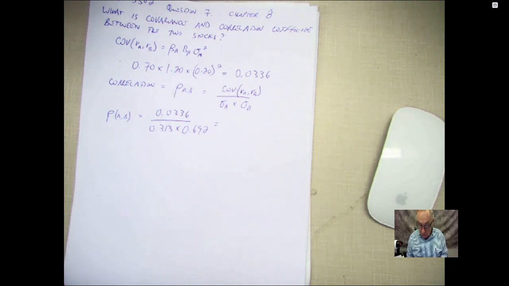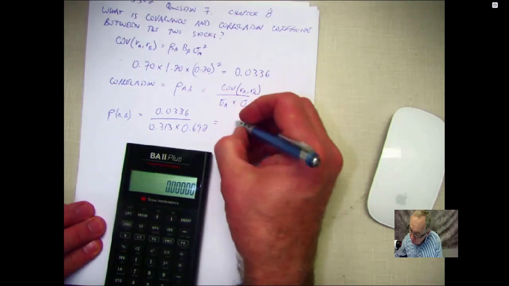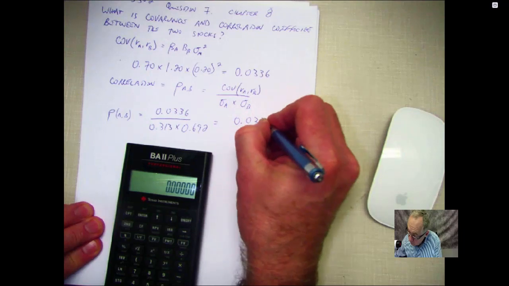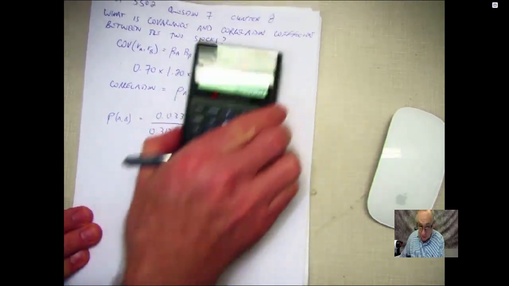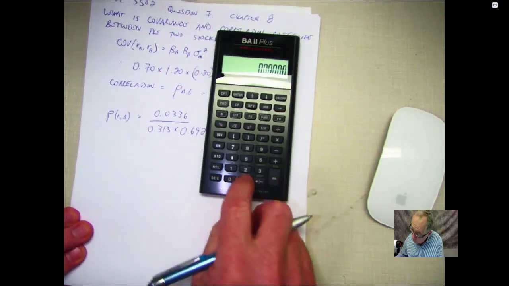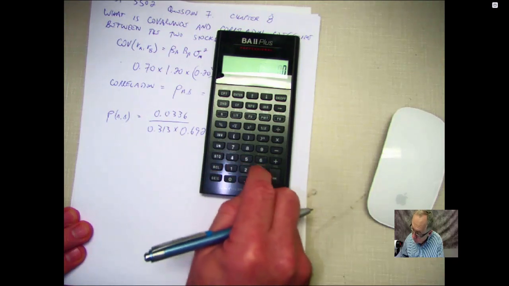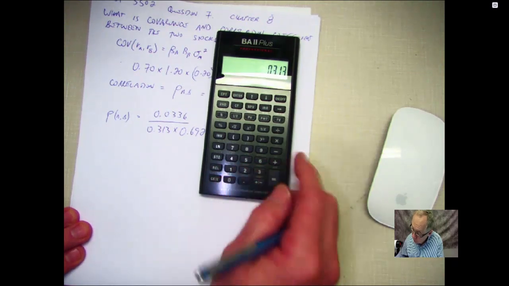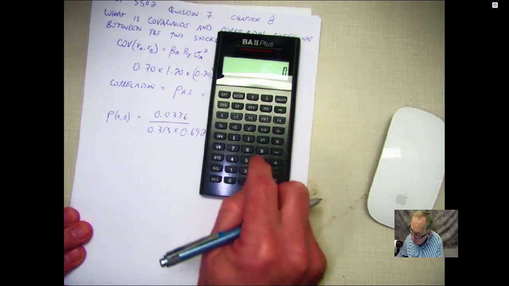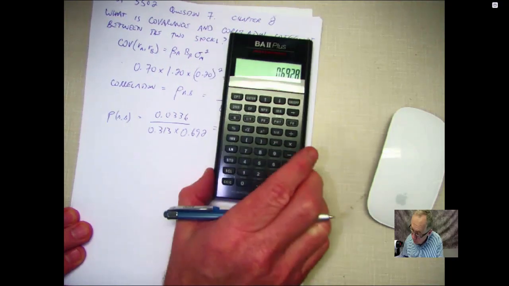And solving this, 0.0336 divided by 0.3130 times 0.6928.